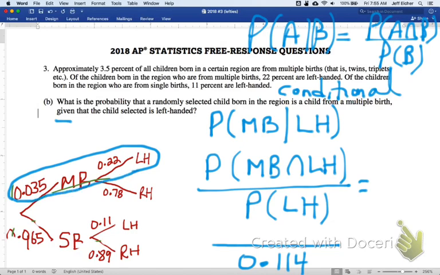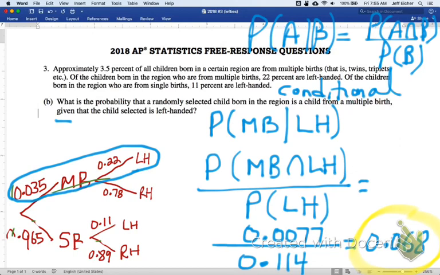So multiplying 0.035 times 0.22, that would be 0.0077. And dividing the two, we would get the probability someone's from multiple birth, given that they're left-handed, would be 0.0068. So that's our answer to B, conditional probability.